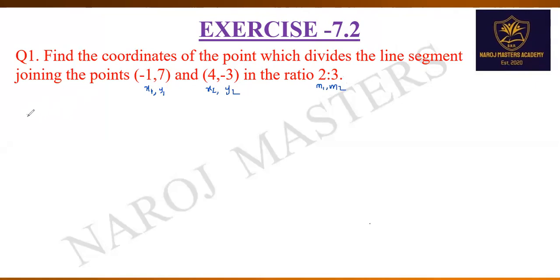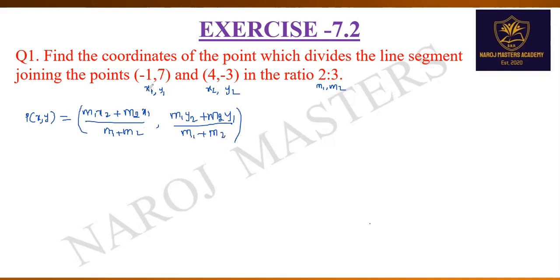P of x, comma y is equal to m1 x2 plus m2 x1 by m1 plus m2, and m1 y2 plus m2 y1 by m1 plus m2.